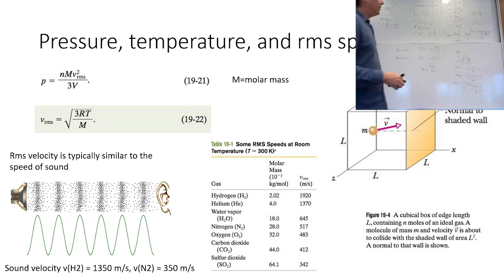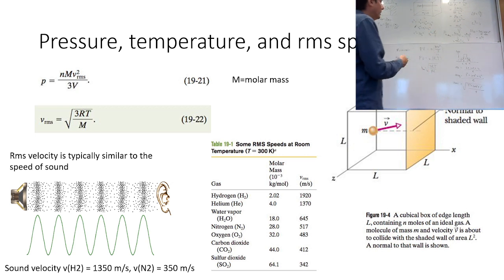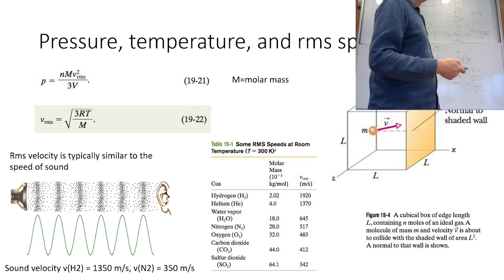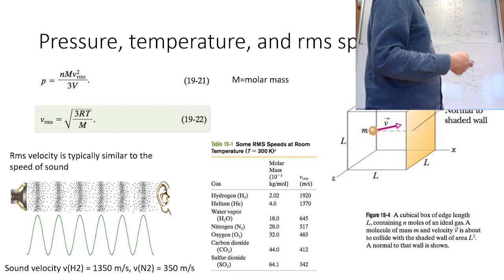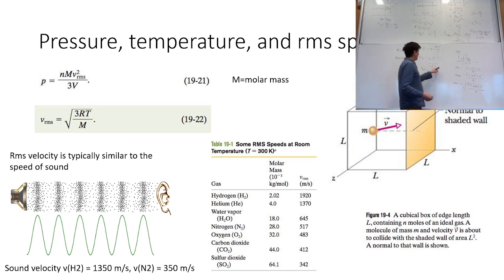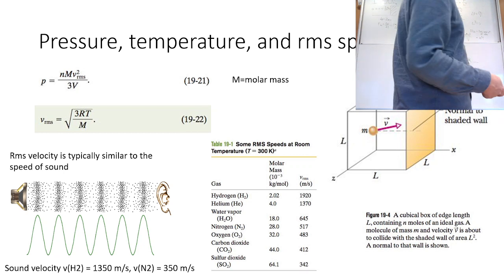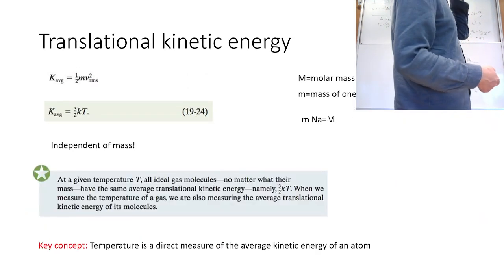And that makes a lot of sense because we know that the energy of something like this is half mv squared, right? So essentially, if you increase the temperature of a gas, we can view it as just changing the kinetic energy of the atoms, or speeding them up.